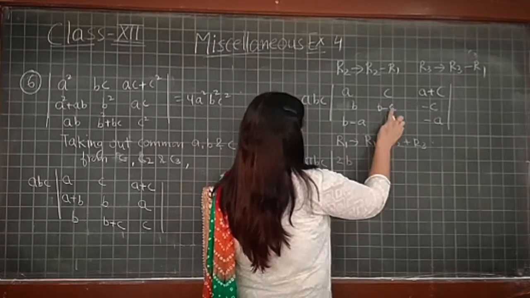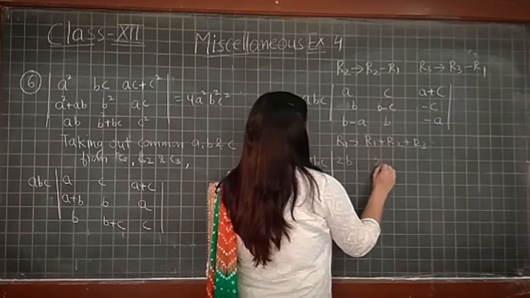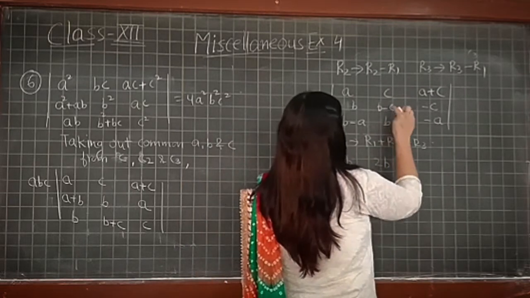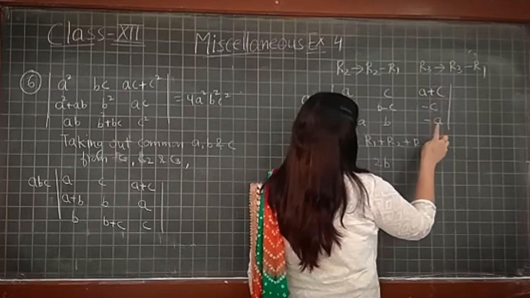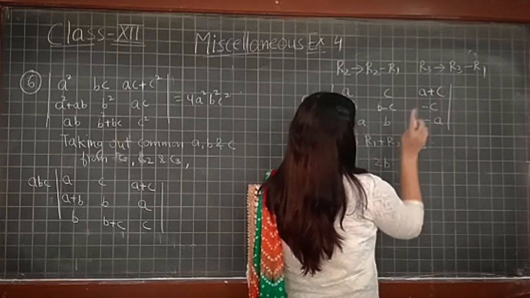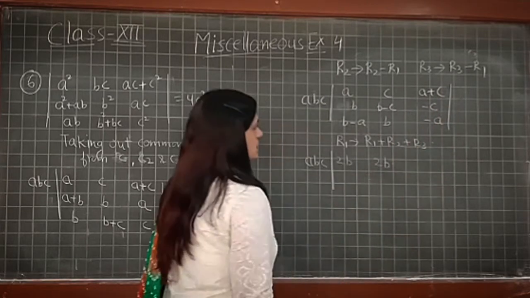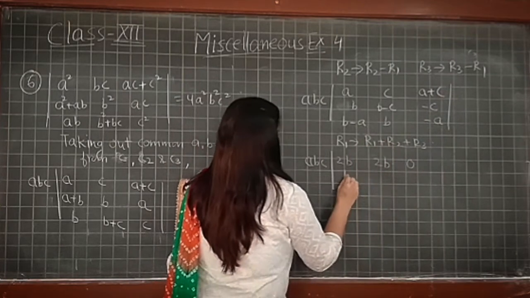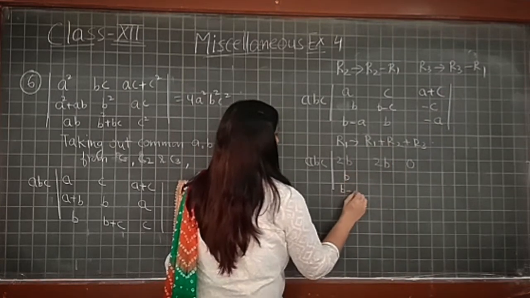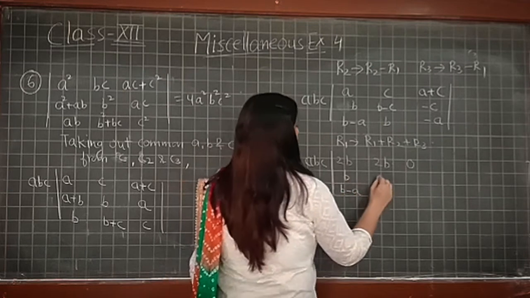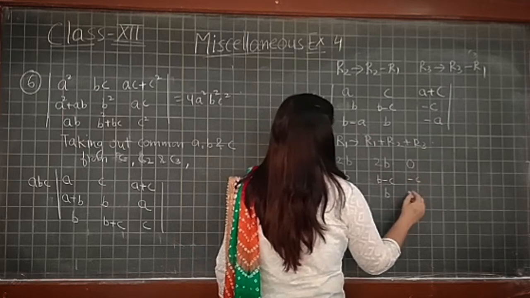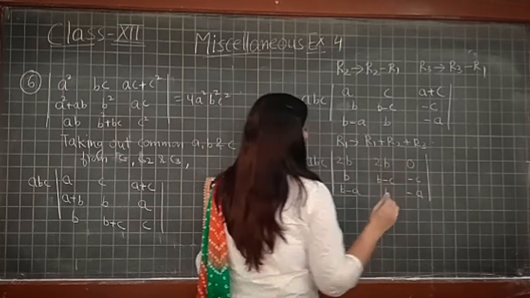And here C is cancelled, again here 2B, and here also C is cancelled and also this A. So here you have 0. Then you have B minus A, B minus C, B minus C minus A.